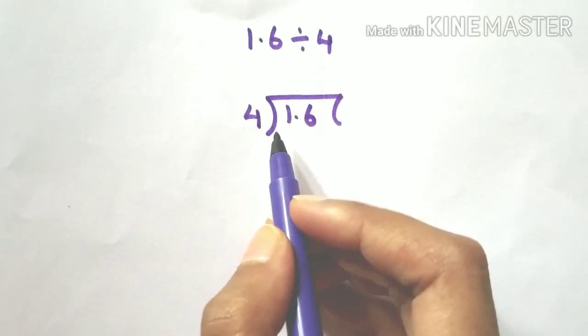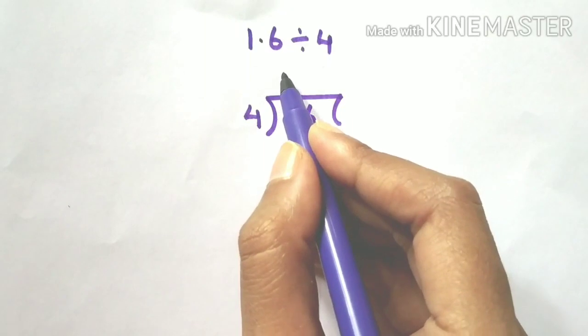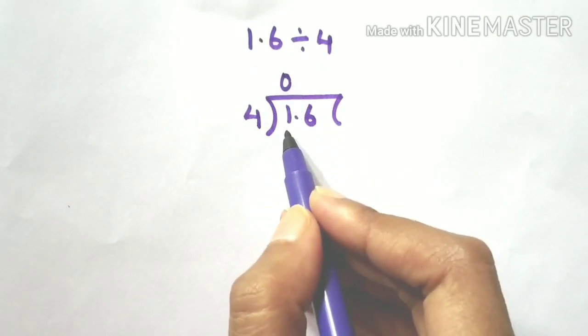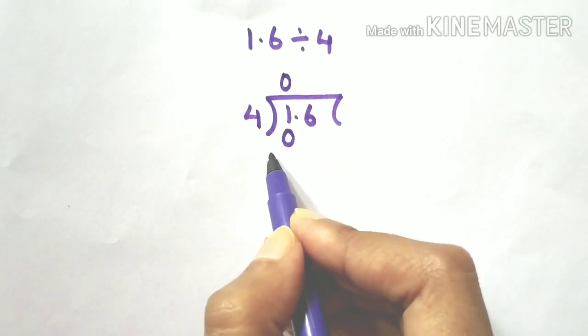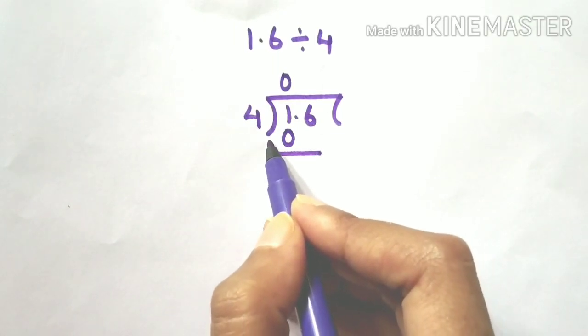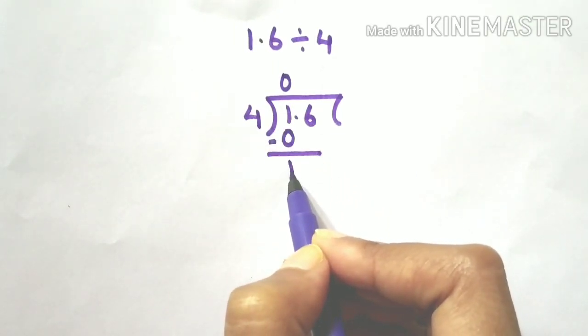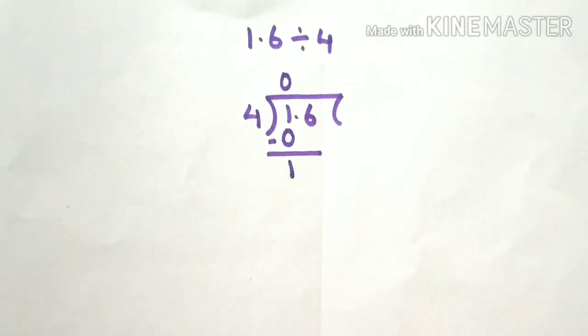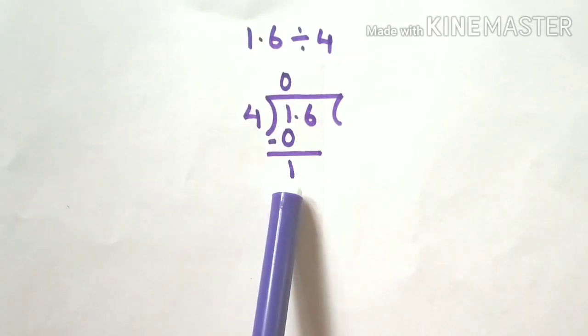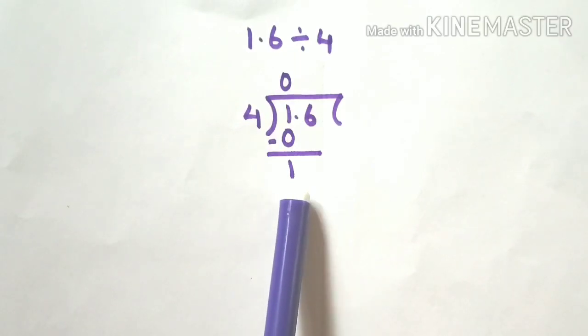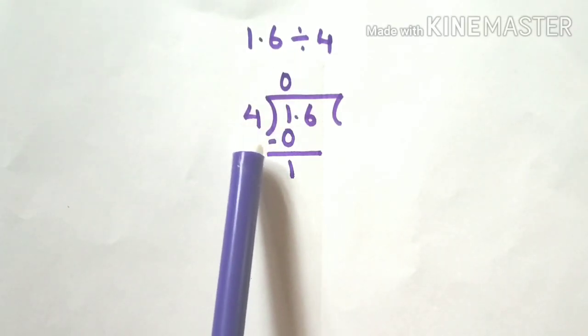So, we will take 4 into 0, which is equal to 0. Now, when we subtract 0 from 1, we get 1. Now students, we have a remainder 1, but 1 is less than 4.